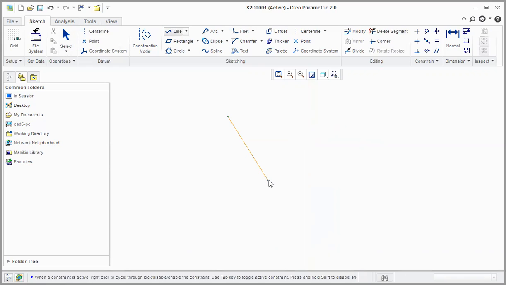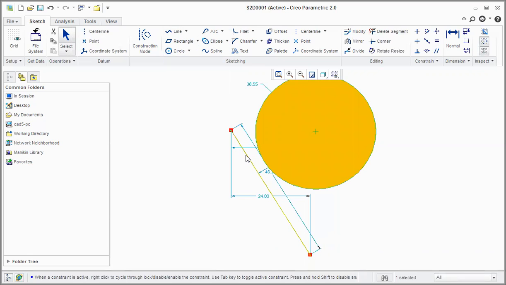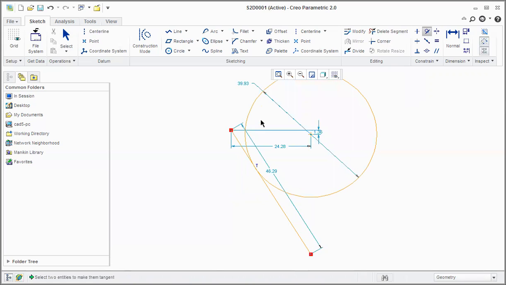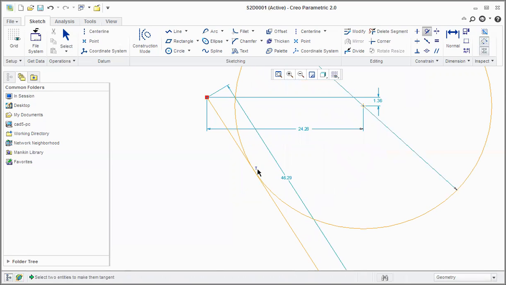Suppose you draw one line here and one circle over there, and you want this line to be tangent to this circle, then we have to use this tangent constraint. Just click on the tangent constraint and click on the line and this circle, then this capital T indicates that this line has become tangent to this circle.